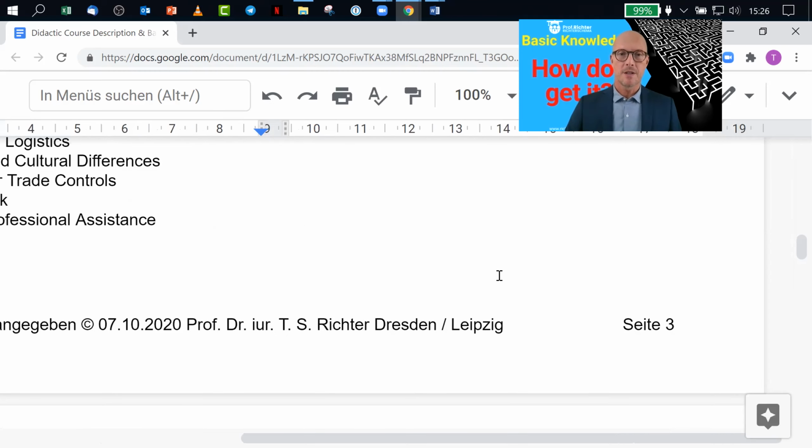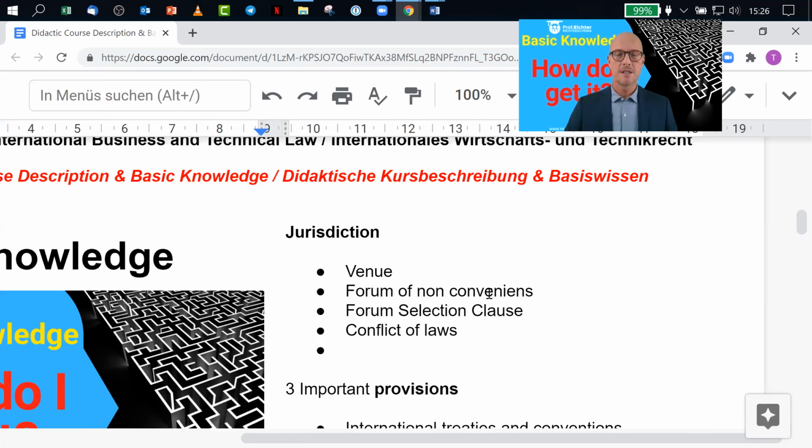The next thing you should focus on is the jurisdiction. Jurisdiction is who is responsible for this case, which court is responsible for this case. We have different forums, and here are some technical terms: forum non conveniens, forum selection clause.